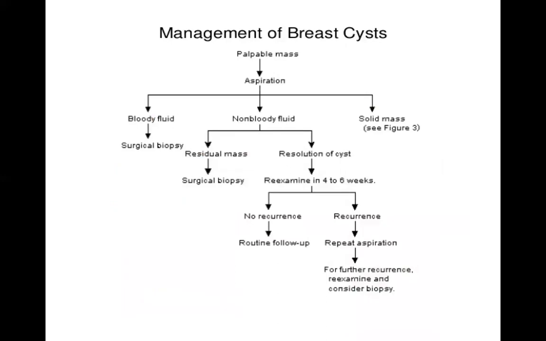So how are breast cysts managed? It depends on their consistency, whether solid or cystic. In the case of complete cystic lesions, they are totally aspirated and the patient is re-examined in 4 to 6 weeks for recurrence.